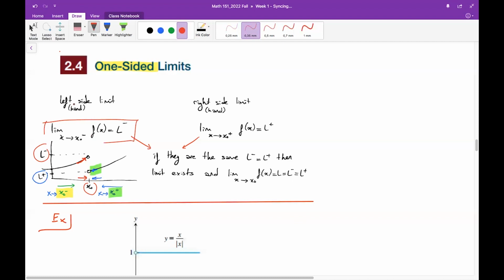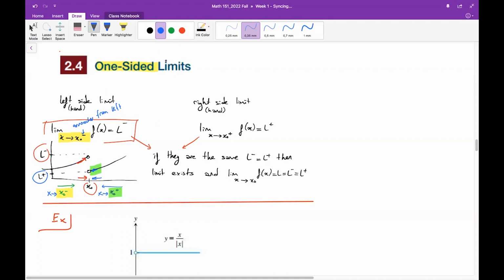So that I can write this. This is the left-hand side limit of your function as x approaches x0 from left. This little superscript means approaches from left, okay? And this limit is L minus, if you see from the picture.